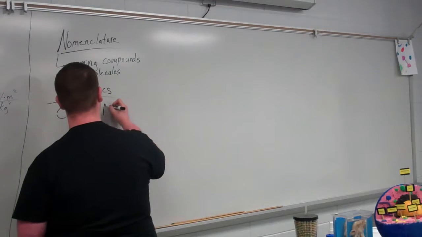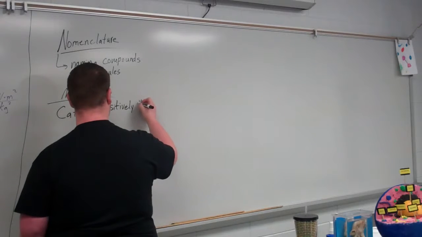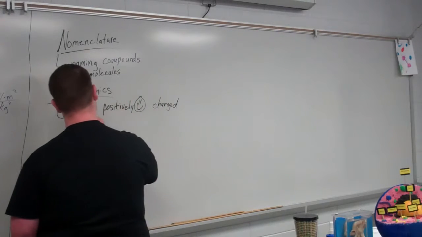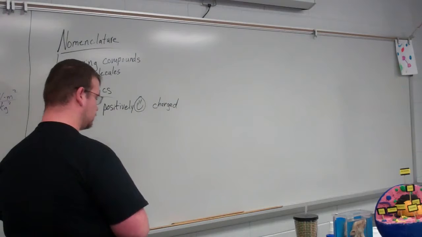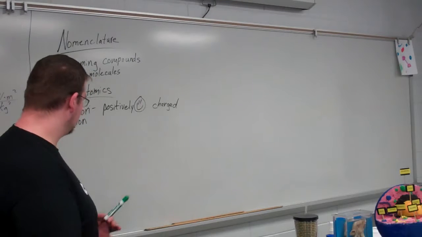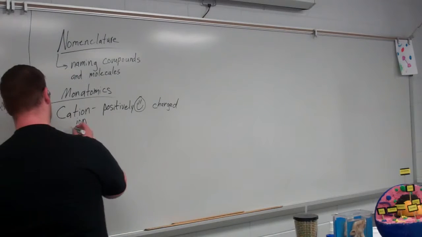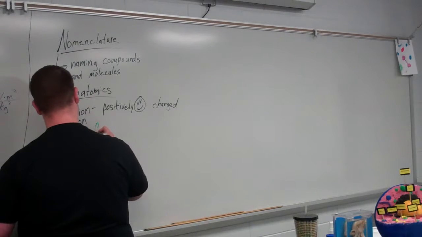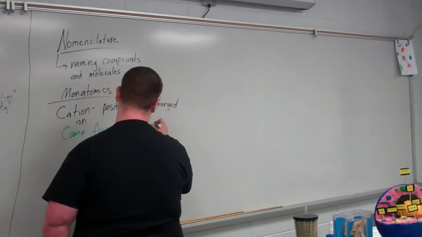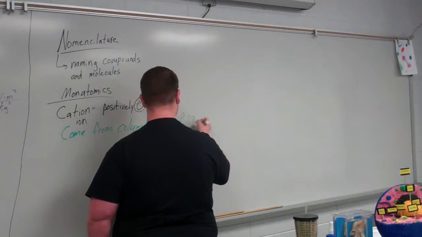Cations are positively charged ions. Alright. And here's the key. Where do they come from? I'm going to say columns 1, 2, and 13.